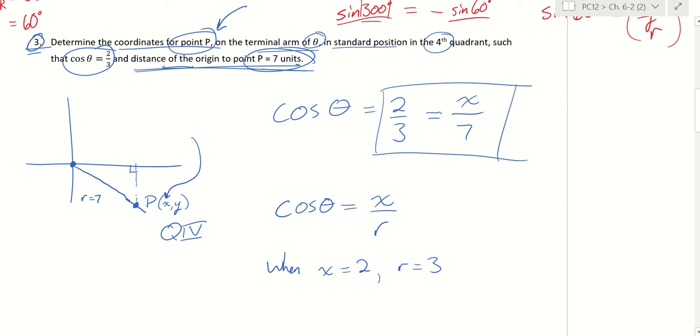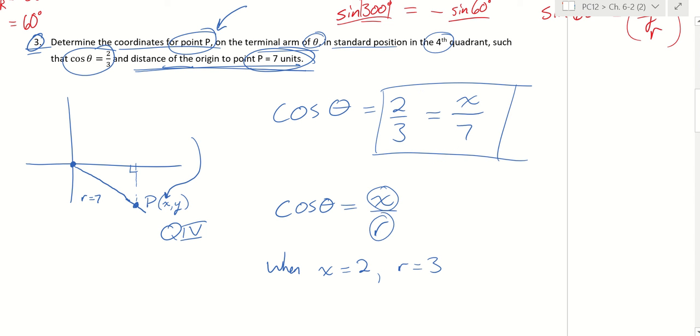What we really mean here is that if the ratio between the corresponding x value and r value is 2/3, but we scale up our radius to 7, then when we scale up x, we should still get the same ratio out. So these two ratios should be equal.